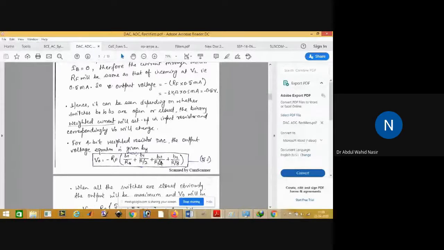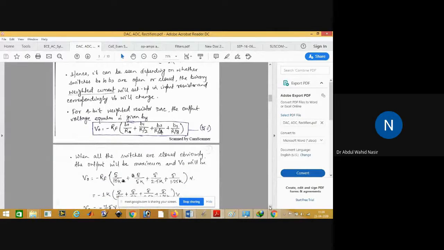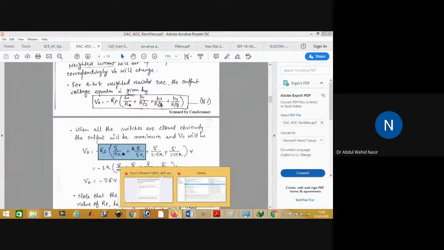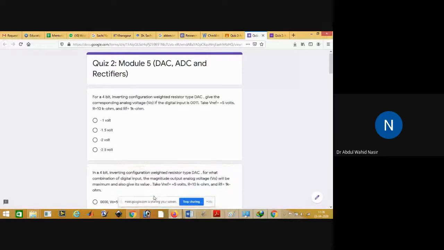Now, since B2 and B3 are 0, we will not consider them. So V0 will be minus RF into B0 by R plus B1 by R by 2, that is minus RF into 5 by R plus 5 by R by 2. If you solve, what value will you get? You get 1.5, and with the sign it will be minus 1.5. So the answer for the first problem will be minus 1.5 volt.